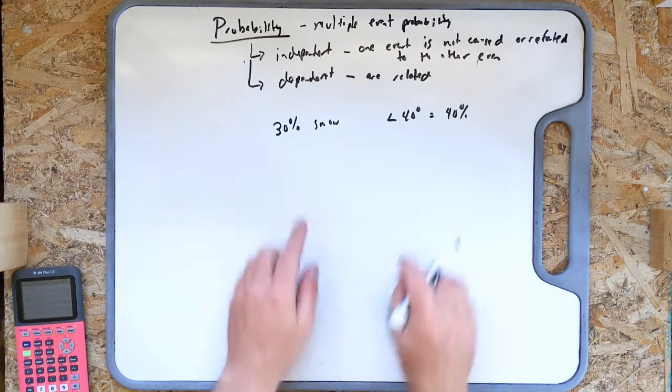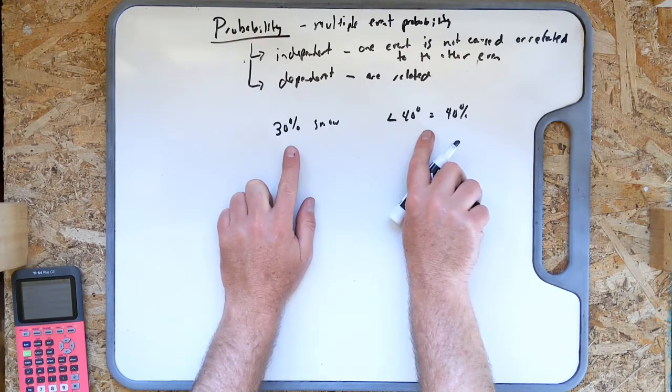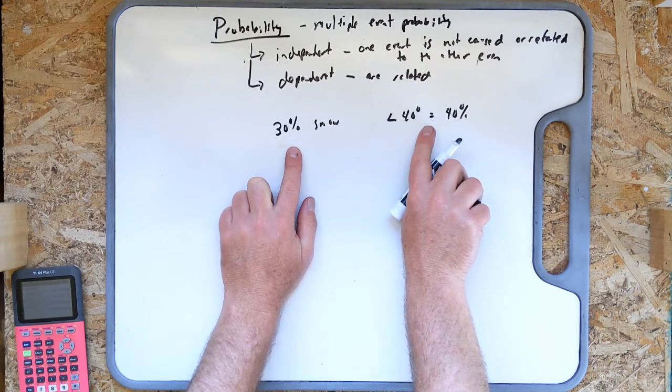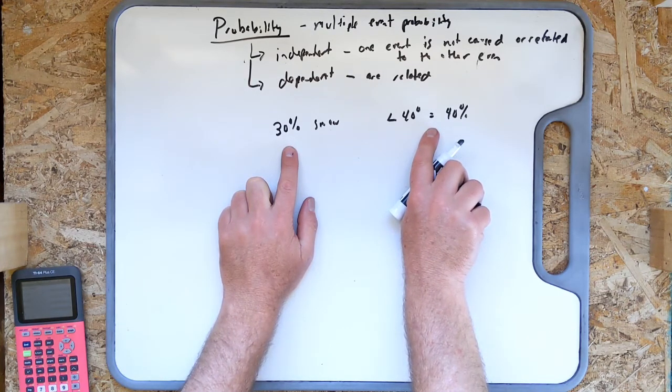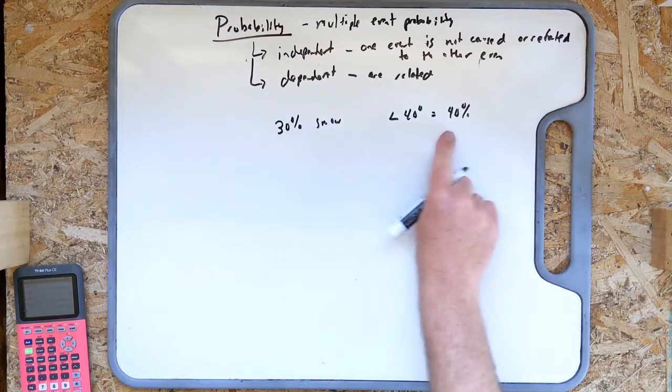So these events are heavily dependent on each other. It's very unlikely to snow if it's bigger than 40 degrees. The snow depends on the temperature to a degree. So those are dependent on each other, and therefore it's actually really hard to calculate probabilities of, for example, it snowing and being less than 40.